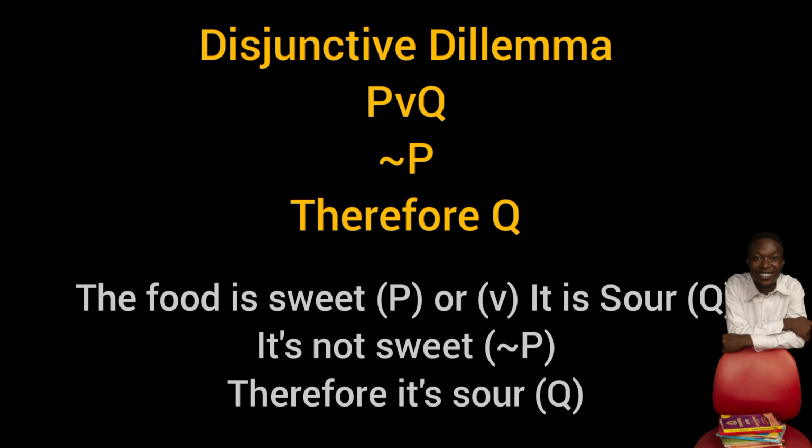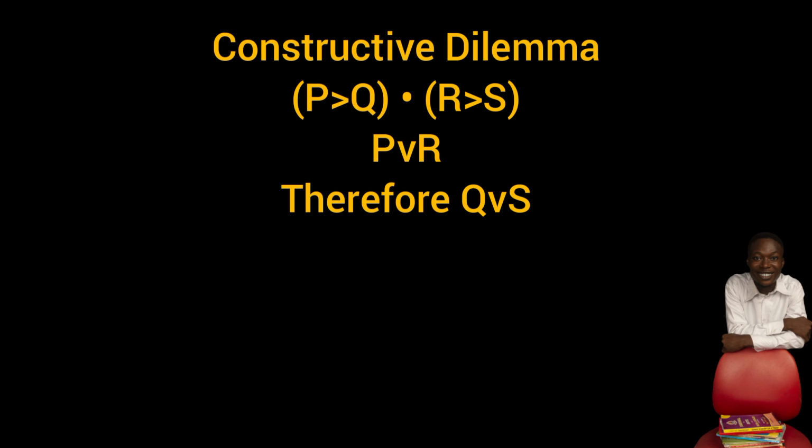Okay, now the last one is constructive dilemma. This rule states that in a bracket we have P implies Q, then close brackets, joining the two statements together. In another bracket, we have R implies S. Then we close the bracket. That is premise 1.